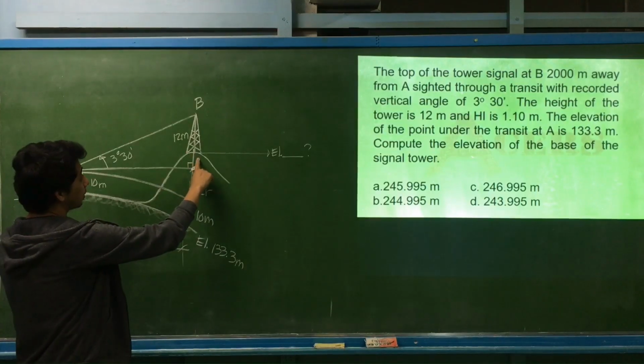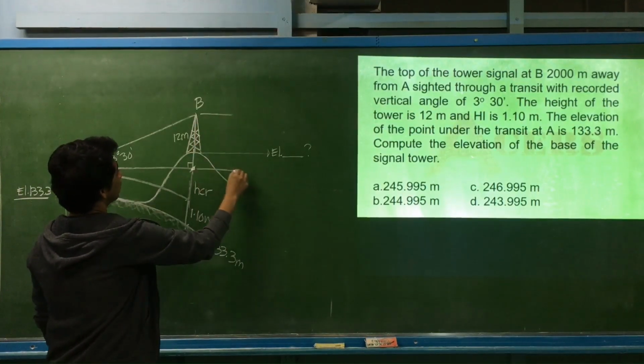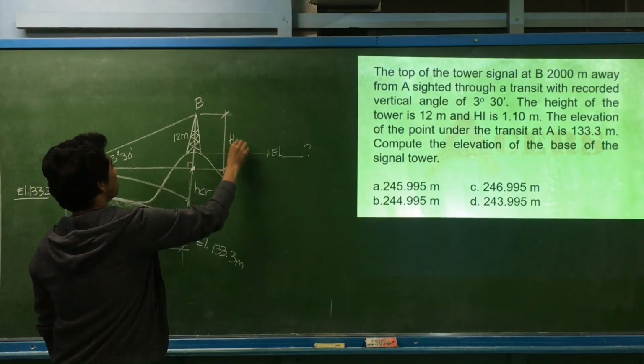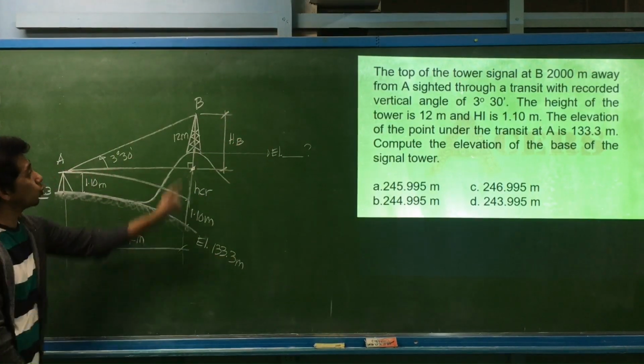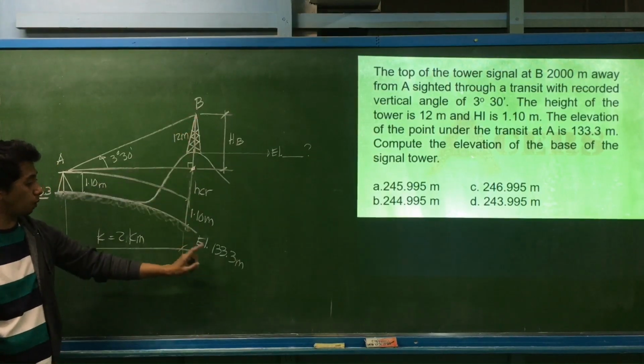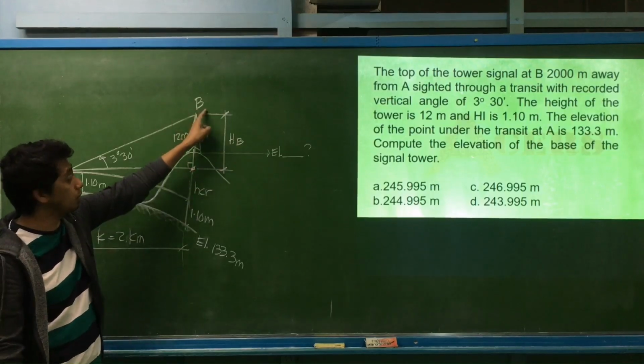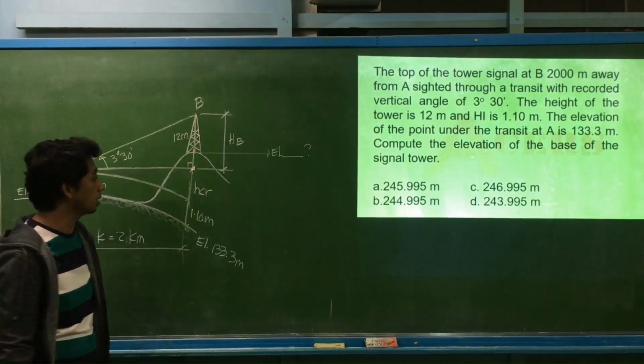Pero ito yung hinahanap natin, pwede natin kunin ito by triangulation. So this is, sabihin mo na lang, h sub B. So kung gusto kong kunin yung elevation ng ibabaw, that is 133.3 plus 1.10 plus h CR plus h sub B, yun yung elevation ng top of the tower.